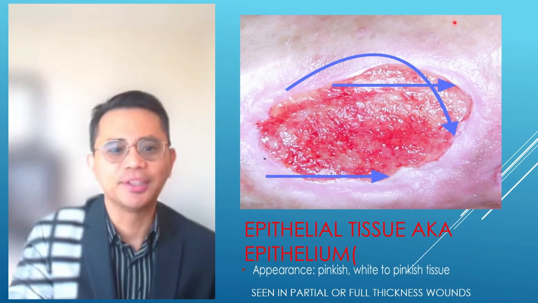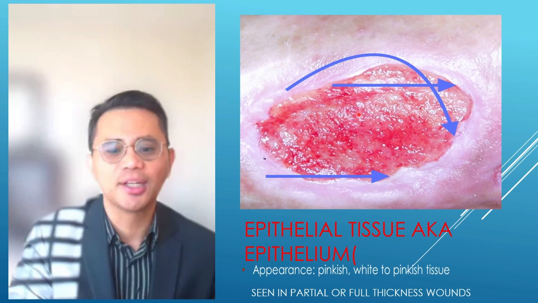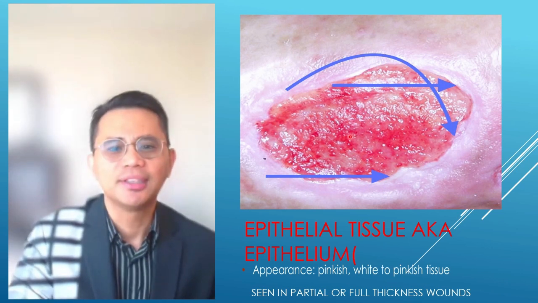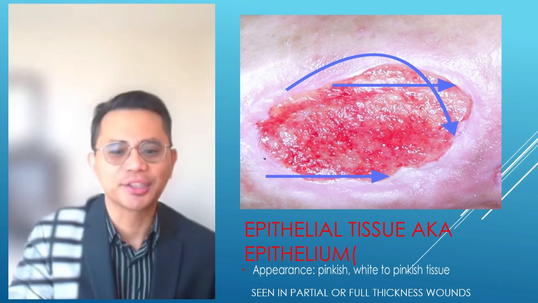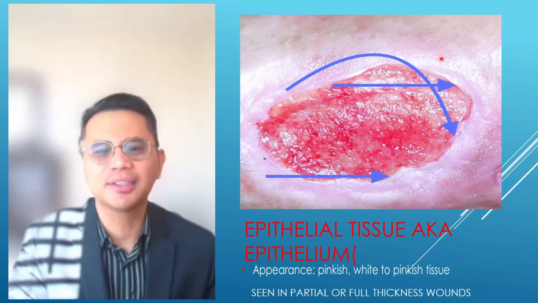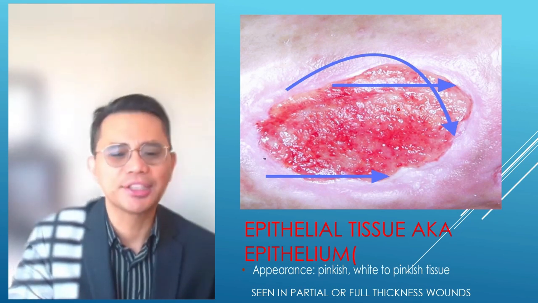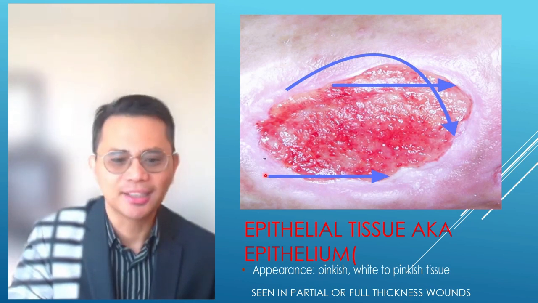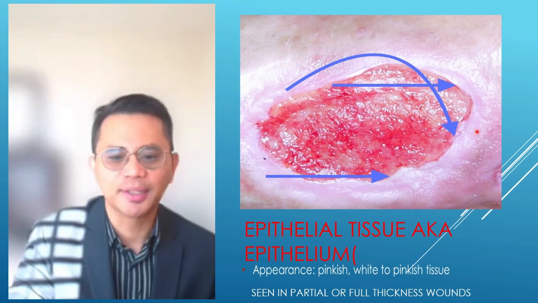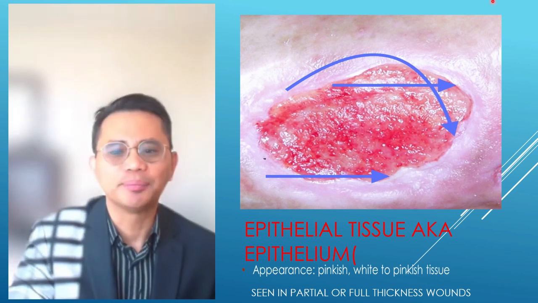The wound bed is also important to be moist, as these new cells cannot migrate towards the center if the wound base is dry. Honestly, the typical pinkish appearance described in the literature or textbook may not be seen, but a whitish pink appearance is what is seen with the naked eye.